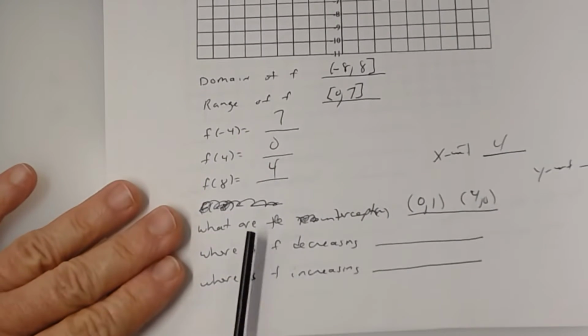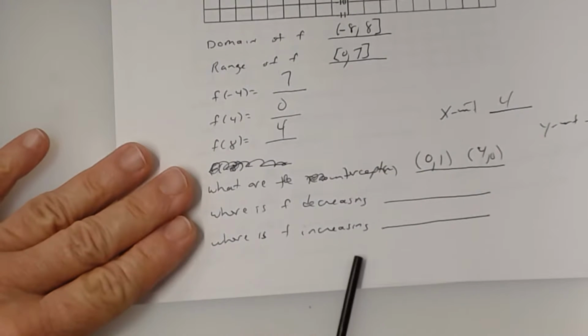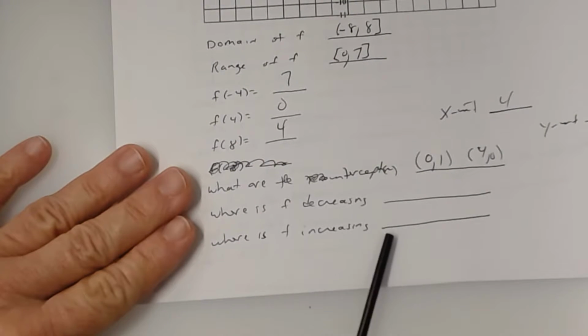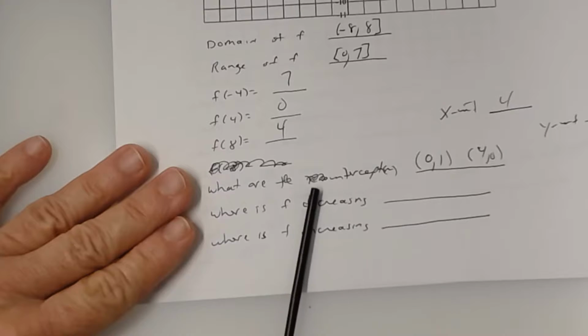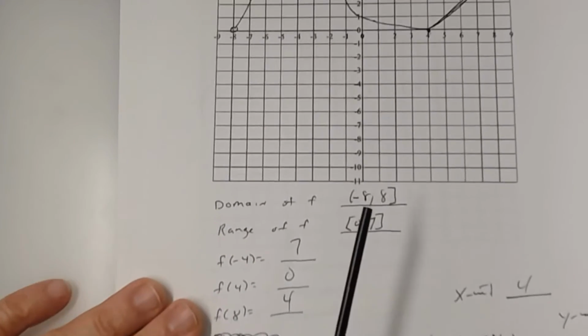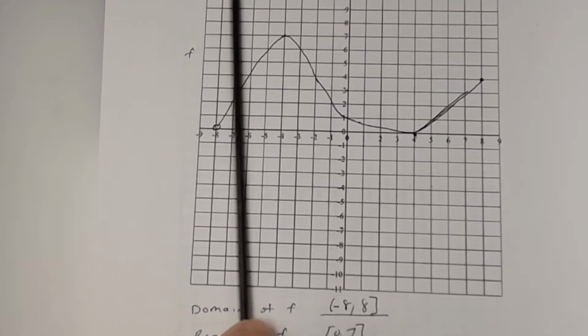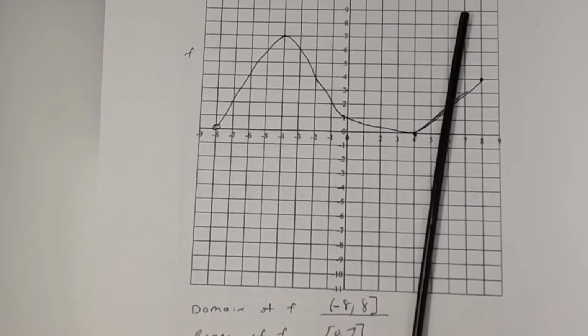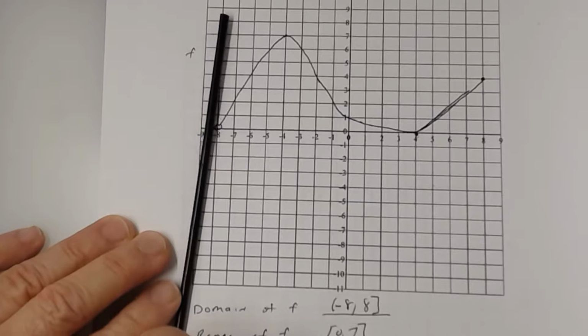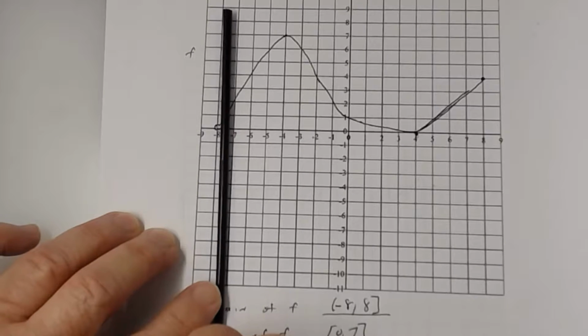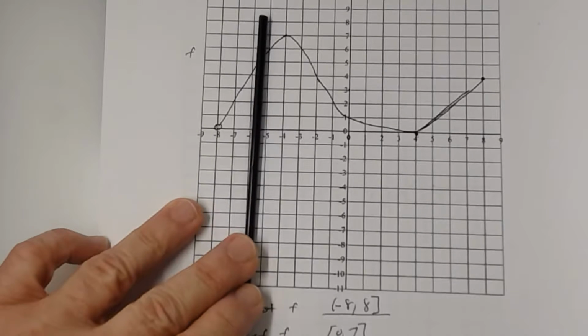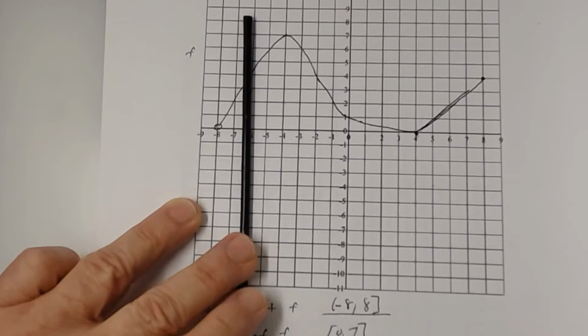Whenever, and listen carefully, whenever you're asking where a function is increasing, decreasing, or constant, you're looking at the domain. You're only looking at the domain. So you're going to go along the x-axis. As I go from left to right, I want you to notice your y values.